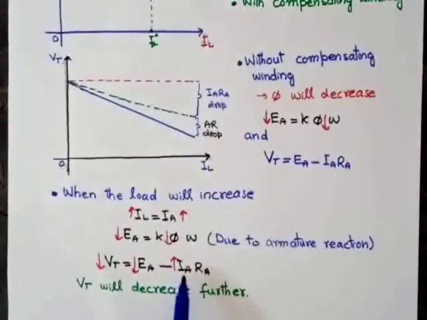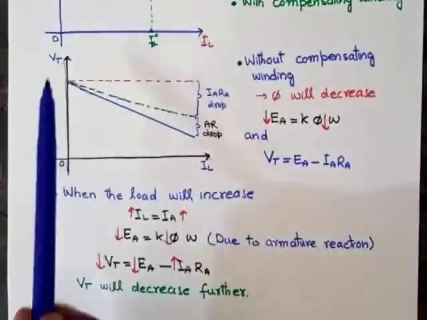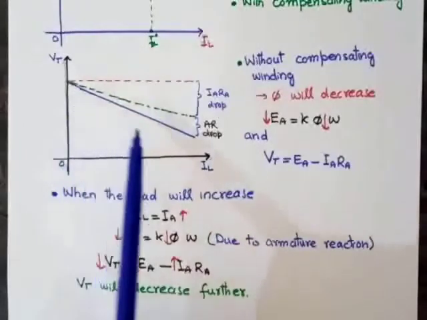And due to load, the armature current will increase, and the terminal voltage will decrease as well. It means that due to these two factors, the voltage will decrease more rapidly. Then the graph between line current and terminal voltage will be like this.